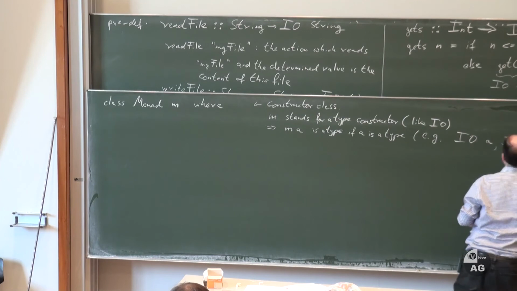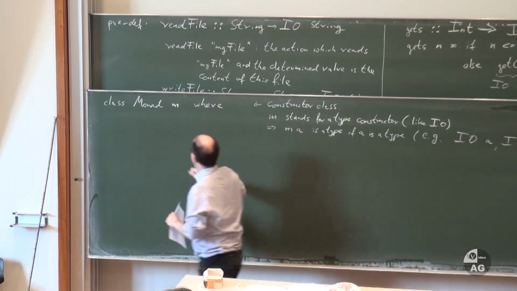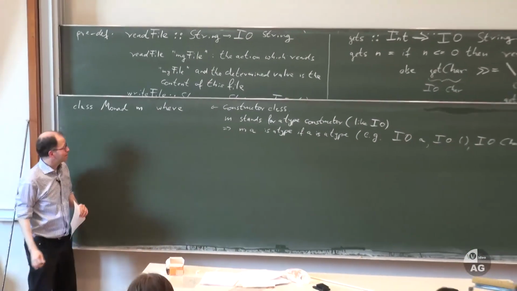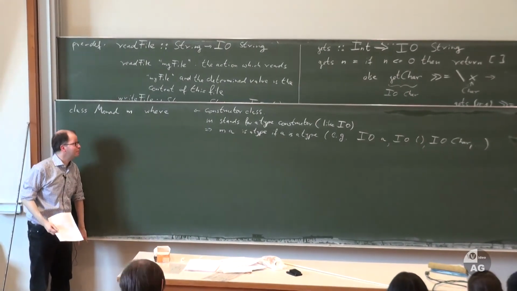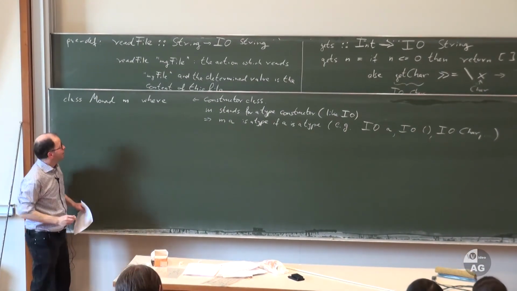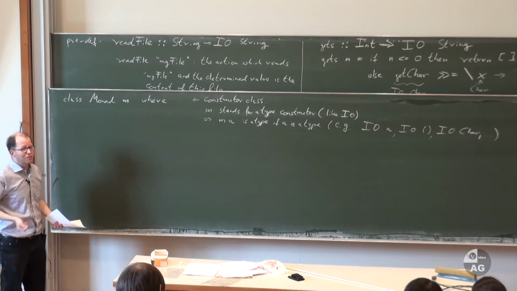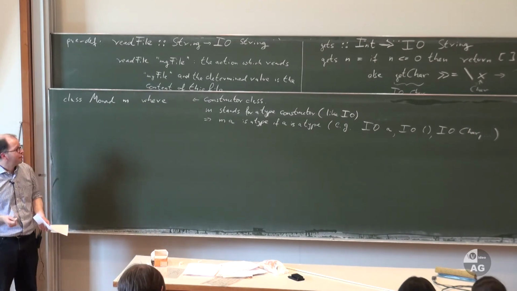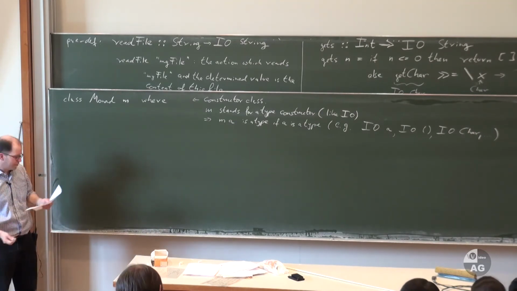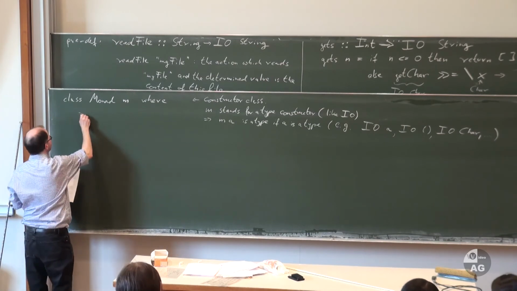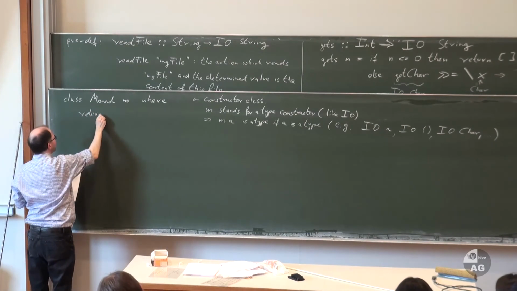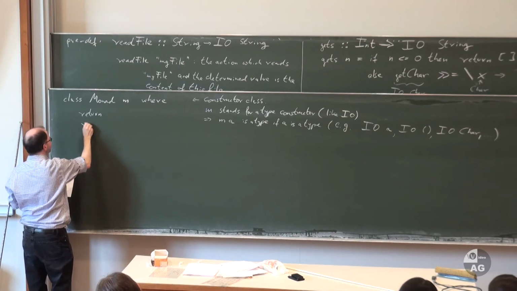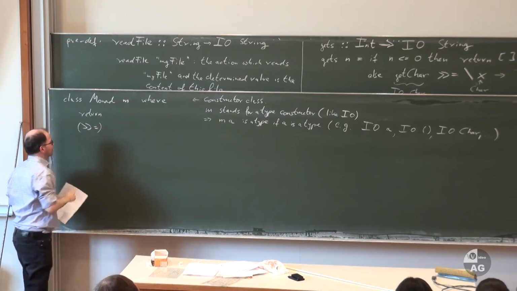These are types. Not some types are monads, but some type constructors are monads. And there are certain functions that have to exist for every monad, namely return, bind, and then. So there always has to be a function return, a function bind, and also a function then.